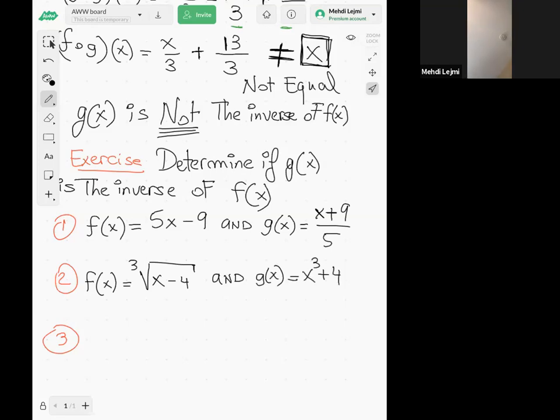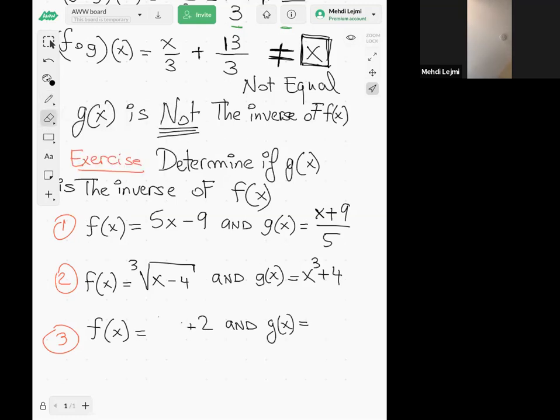Number 3: f of x is 4x plus 2, and g of x, okay, let me change this last one here.